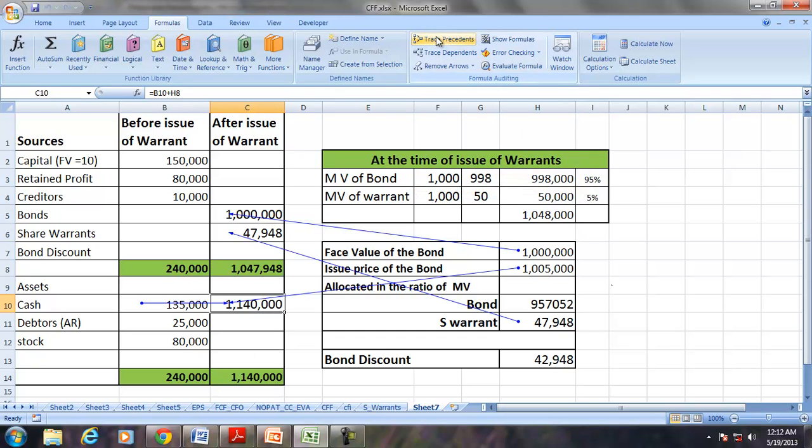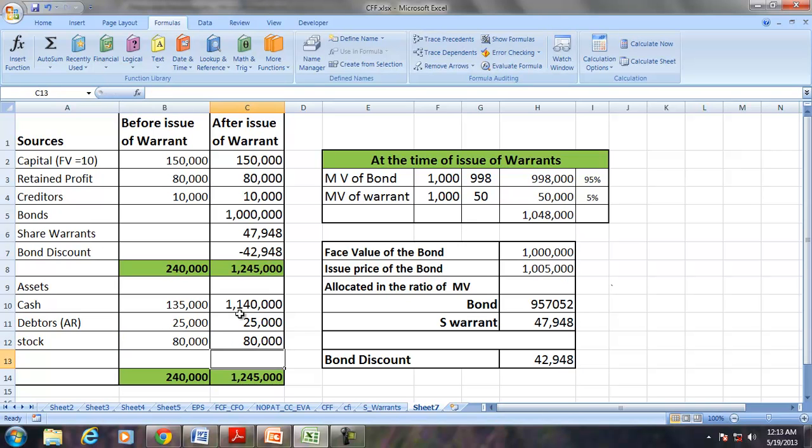The cash will increase to the extent of the money raised, and the bond discount is the bond value minus the face value. So there is a bond discount of minus 42,948. The capital remains same, the retained profit remains same, creditors remain same, no change in the debtors and no change in the stock.